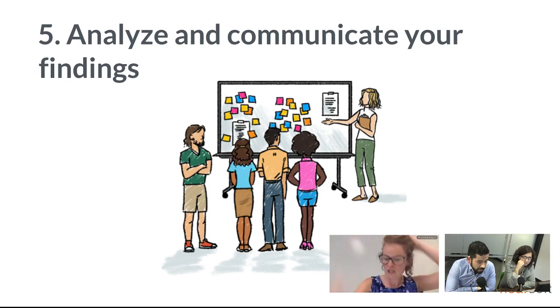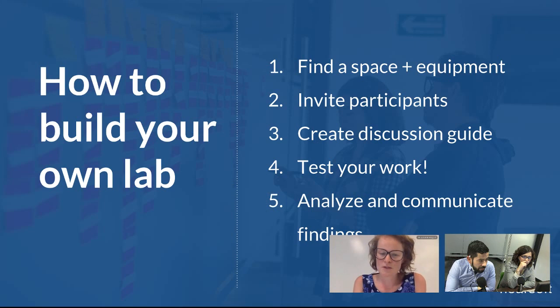So just to go through this, there are 5 super, super simple steps. And I promise you, I did this in 24 hours. There is nothing stopping you doing the same thing. You just need a room and a laptop, and everything else you can more or less automate. So you need to find that space, find your room, find your equipment.